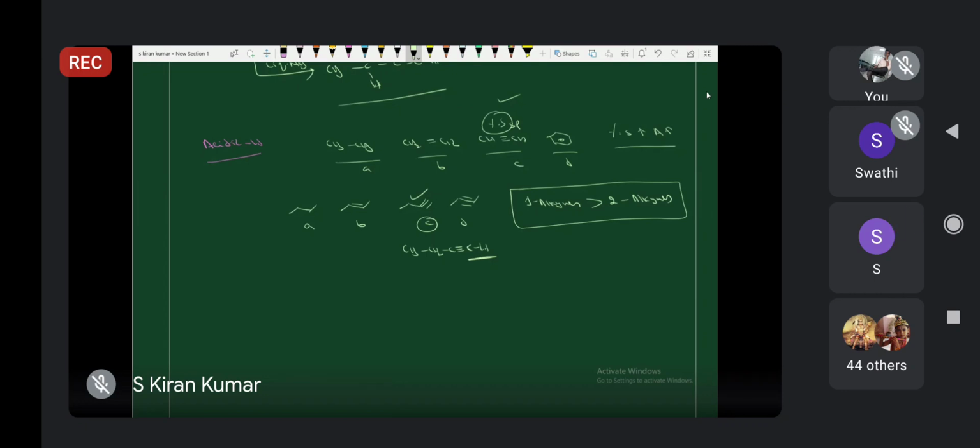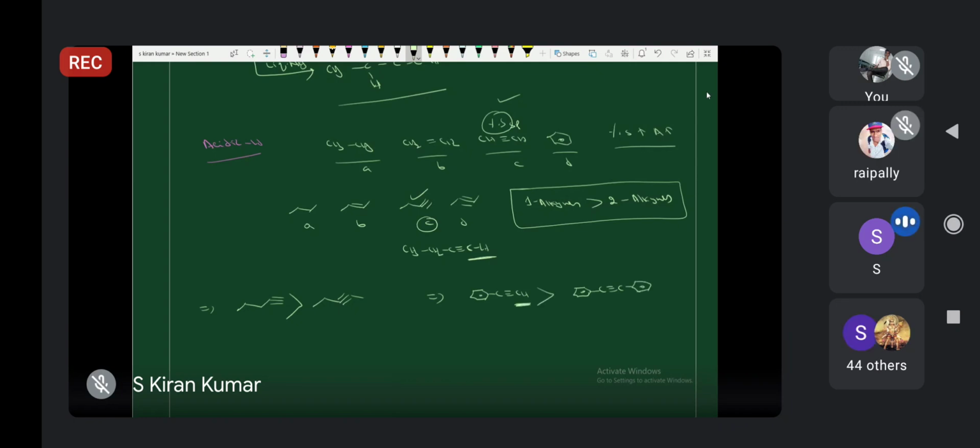Same like that, one more example: 1-pentyne, 2-pentyne. Which is more acidic? 1-pentyne, with the acidic hydrogen. Next, phenylacetylene and diphenylacetylene. Which is more acidic?